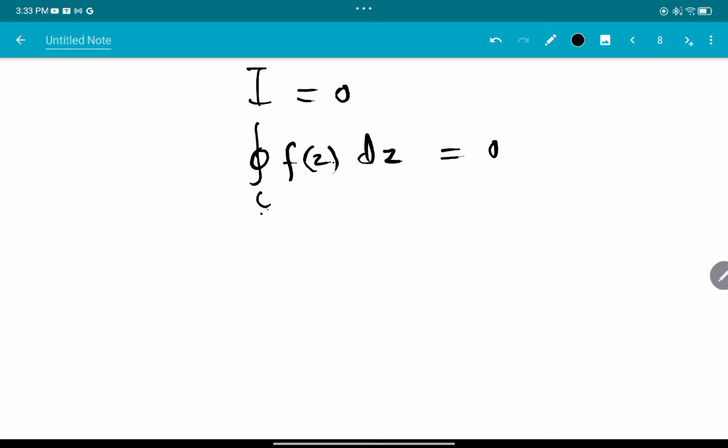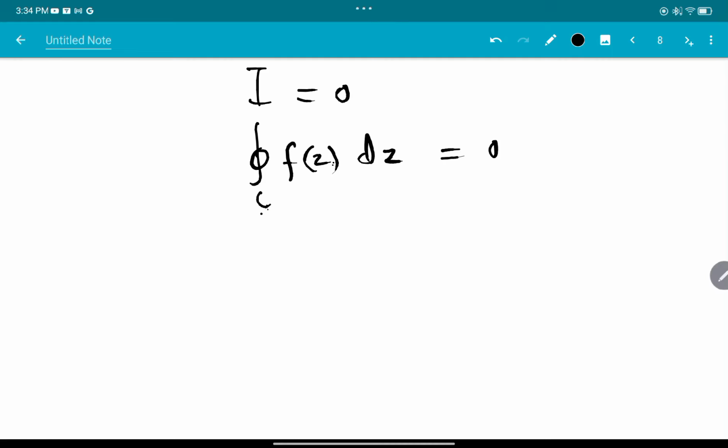Conditions to be satisfied by f(z) are that it should be analytic at every point of this curve and inside the curve. Suppose it is not analytic at at least one point inside it, then this will not come out to be 0. We will take that case; that is what is called Cauchy's integral formula.